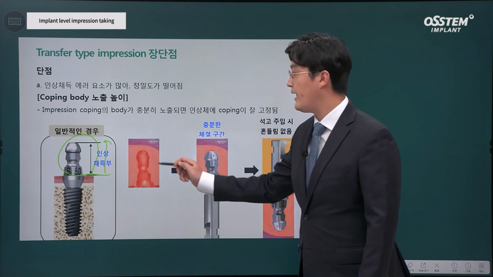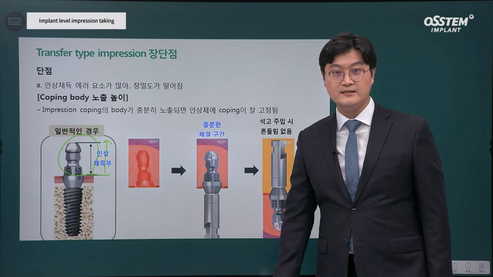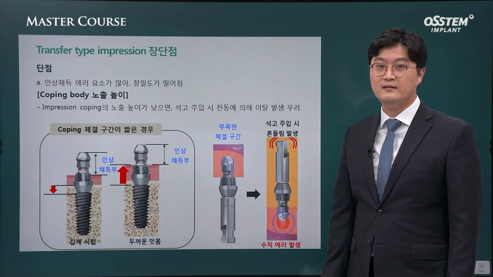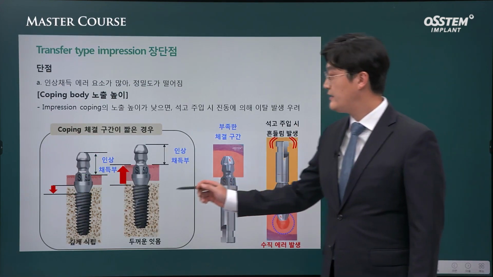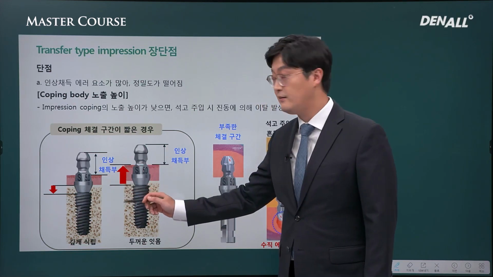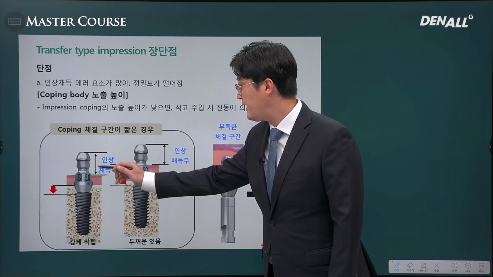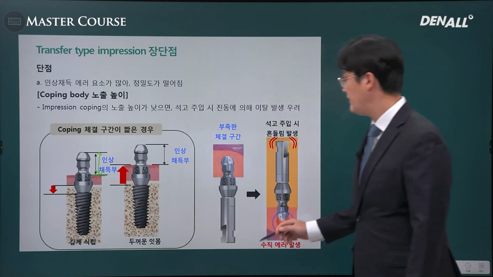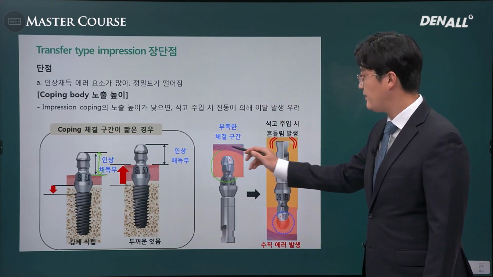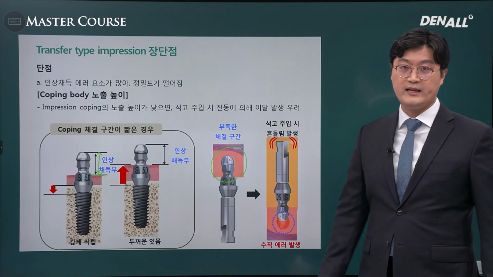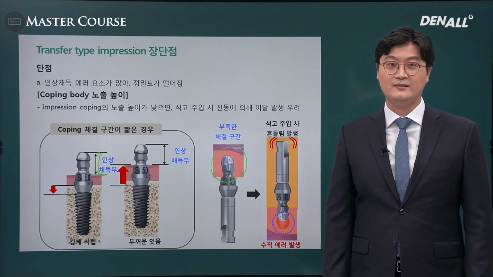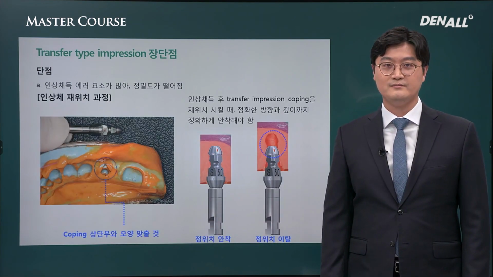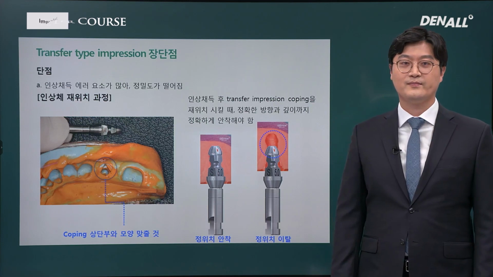At least this portion should be inserted in the impression stably, but with a wrong selection of a transfer impression coping, only this portion is inserted in the impression, not a full connection. Then, when gypsum is poured over it, the position can be displaced.